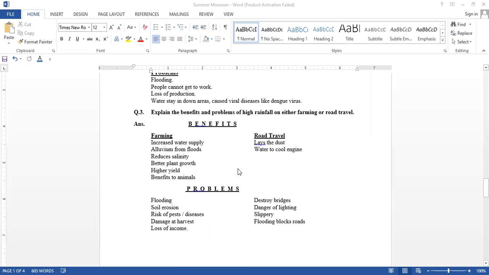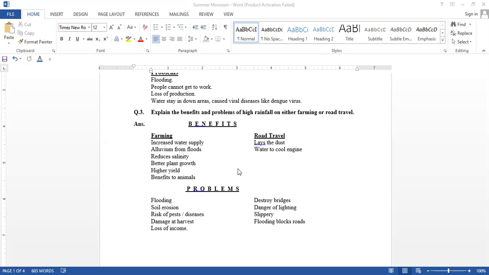The next one is that if this type of rain occurs, it also has benefits as well as problems in different areas, like the farming areas. In the farming areas, in case of maximum rain, crops like sugarcane, cotton, and rice are fully irrigated, and in case of heavy rainfall, floods come. When an excess amount of water comes in the rivers that overflow from the banks, that also deposits alluvium.